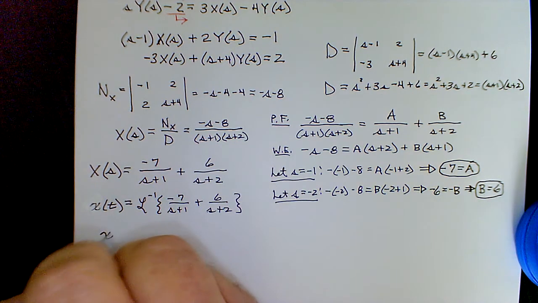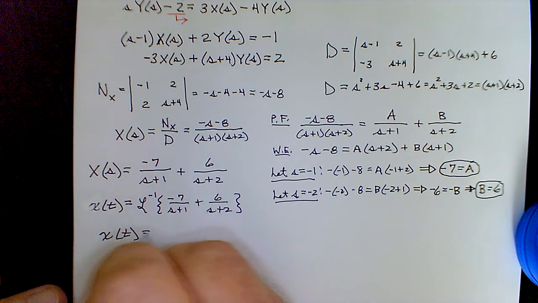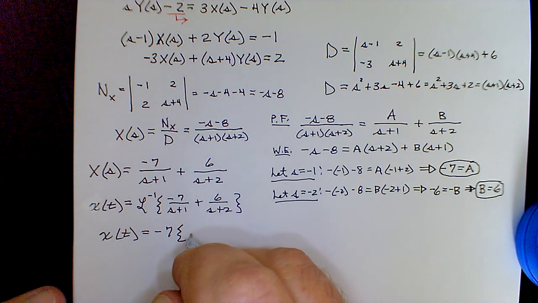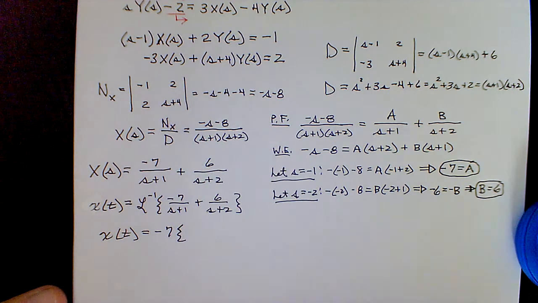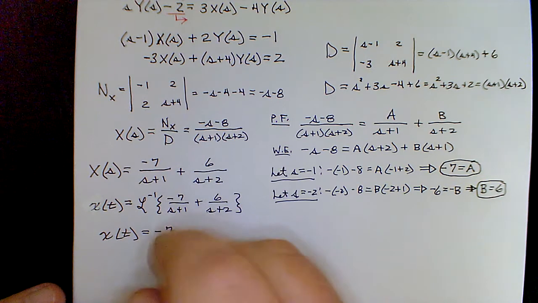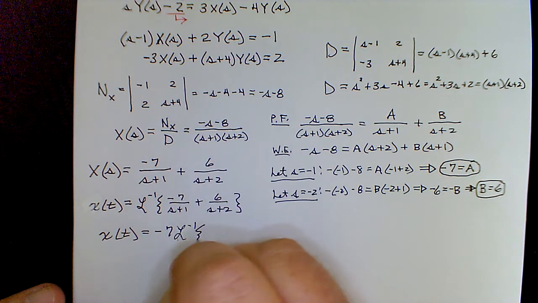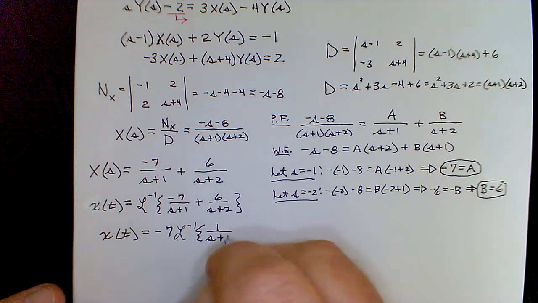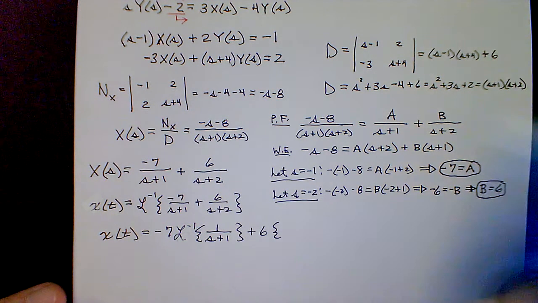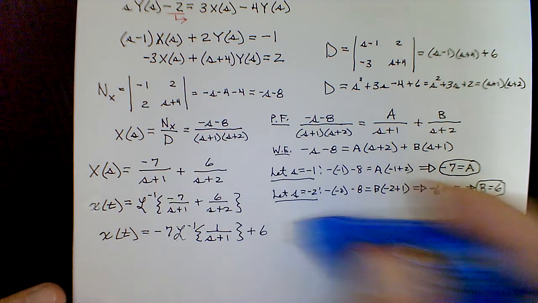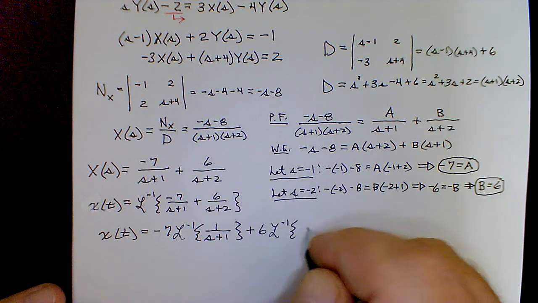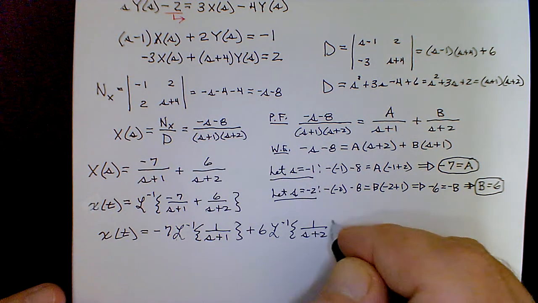And so that would be, using the linearity property, negative 7 times the inverse Laplace of 1 over s plus 1, you can skip steps here if you like, and then plus 6, and the inverse Laplace of 1 over s plus 2.